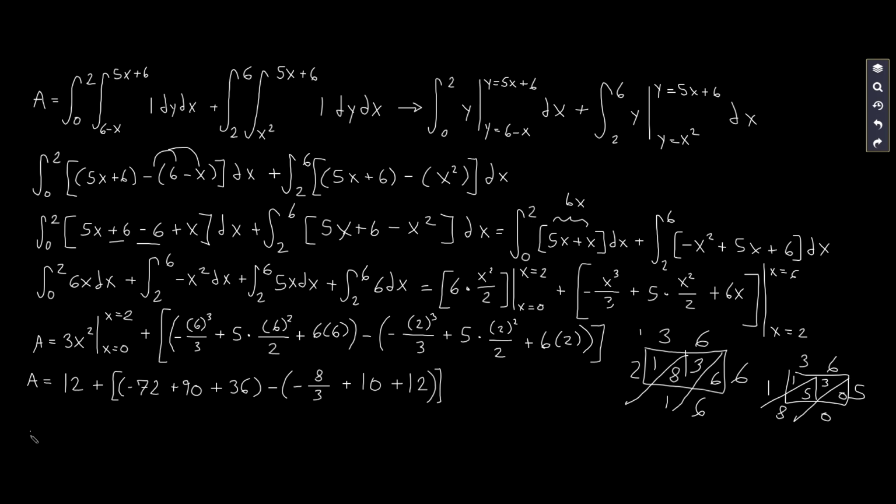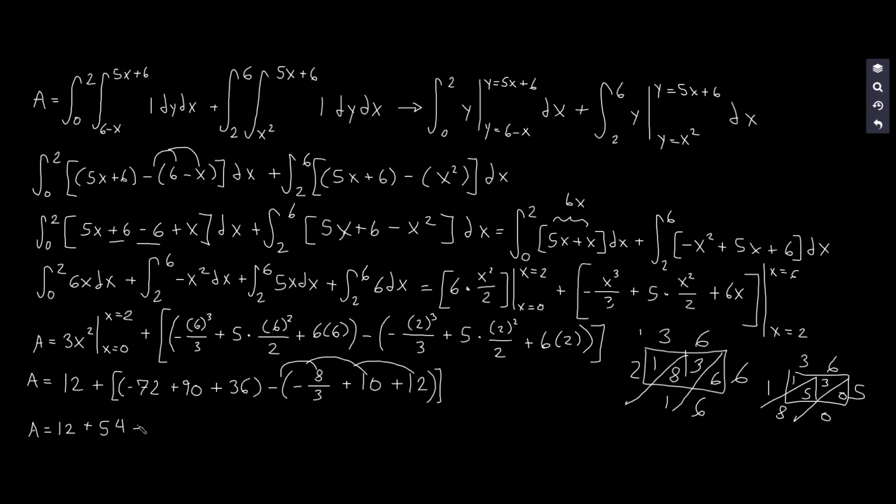Okay, so now we're going to have A equals 12 plus, what's 90 minus 72? 18. And then 18 plus 36 is 54. And so then we're going to add 54 to this. This negative gets distributed to here, here, and here.